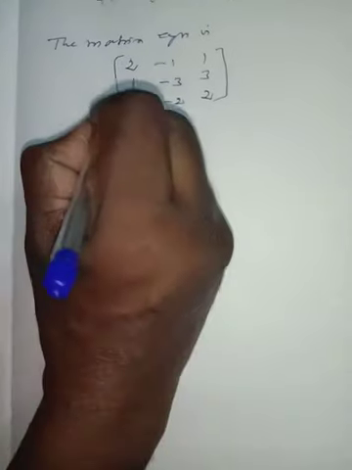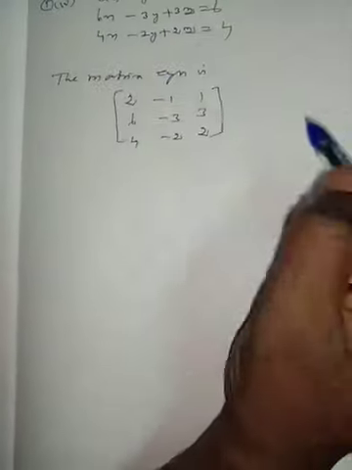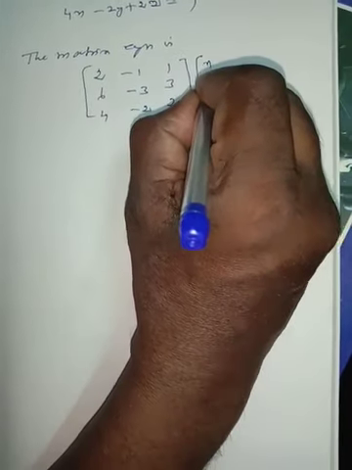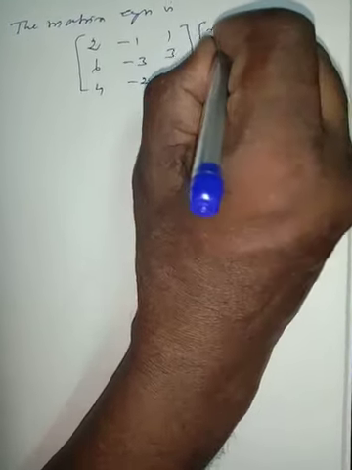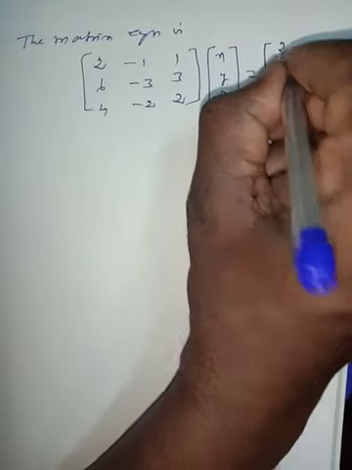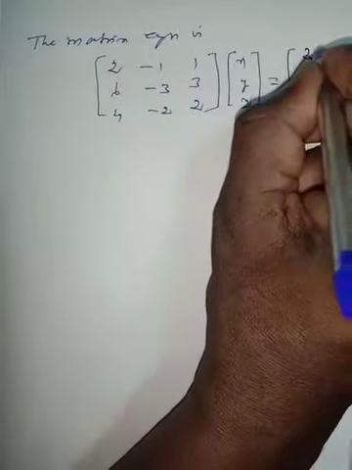There are 3 unknowns x, y, z, and a constant column 2, 6, 4.